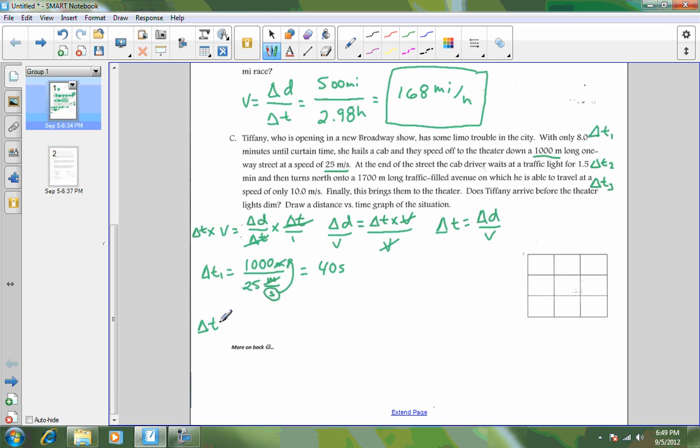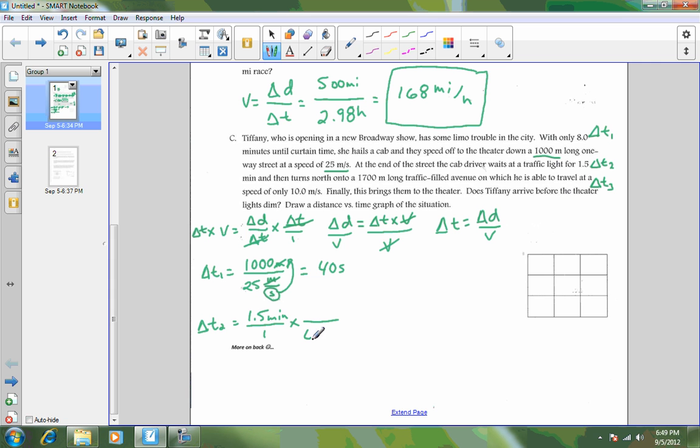For time interval number 2, Tiffany's waiting at a traffic light for 1.5 minutes. So on this one, I don't have to apply my formula, I just have to convert minutes. So I've got 1.5 minutes, and I need that in seconds. So I'm going to put that over 1, and I'm going to convert.